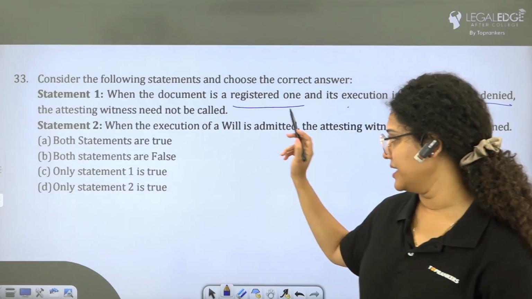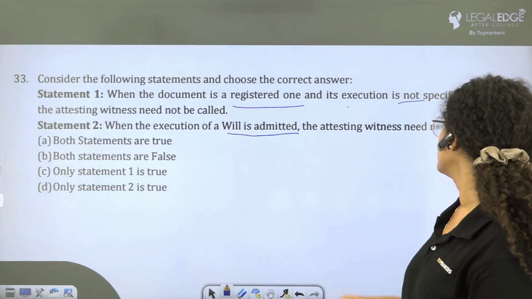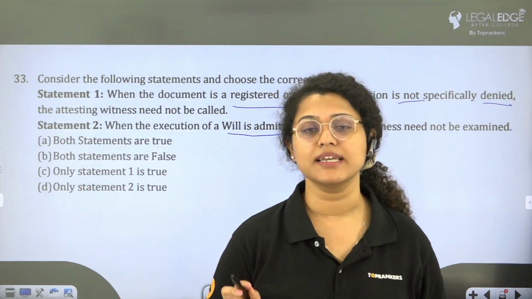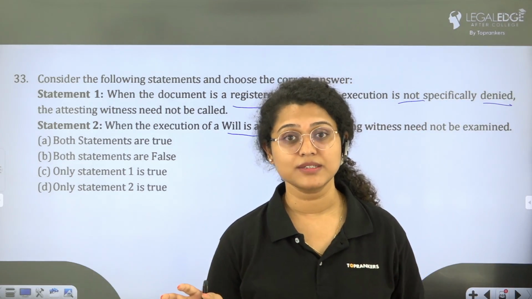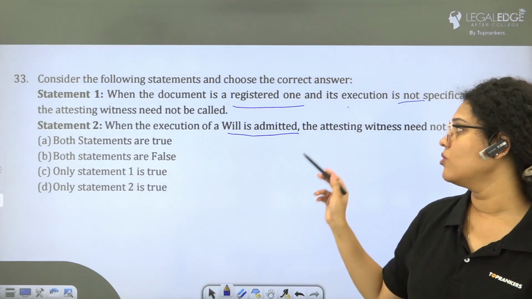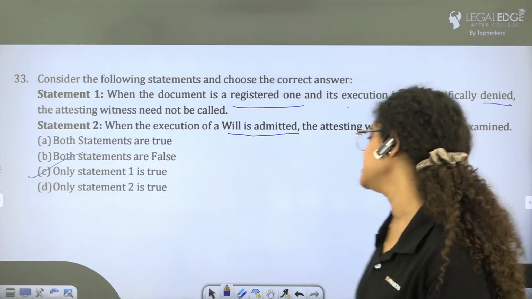So statement number 1 is correct. When the execution of a will is admitted, the attesting witness need not be examined, this is not correct. An attesting witness is not needed is correct, but if there is an attesting witness and examination is needed, then examination can be done. So only your statement number 1 is true, which is option number C.